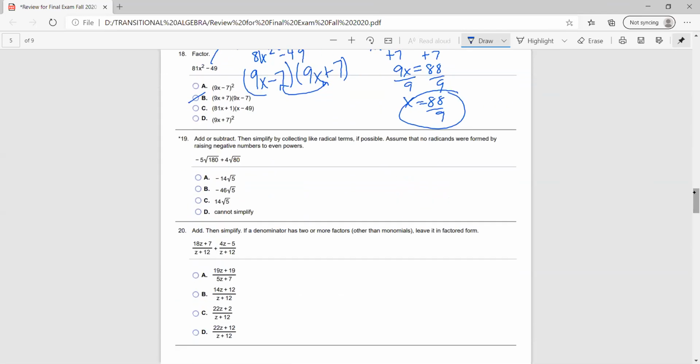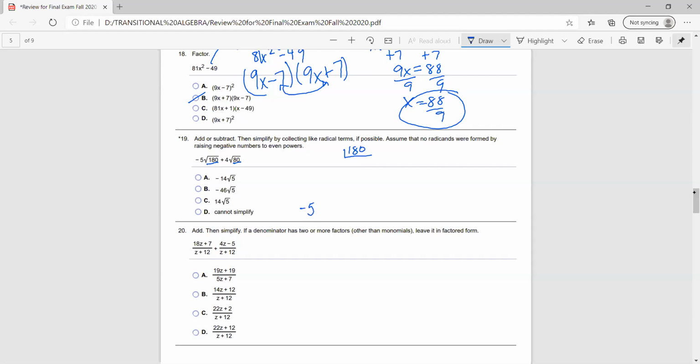Number 19 says add or subtract, then simplify by collecting like terms if possible. Okay, so what I'm noticing is that we cannot add these because one of them is the square root of 180 and one of them is the square root of 80. So the first thing we need to do is look at 180 and see if there's anything we can do to simplify this.